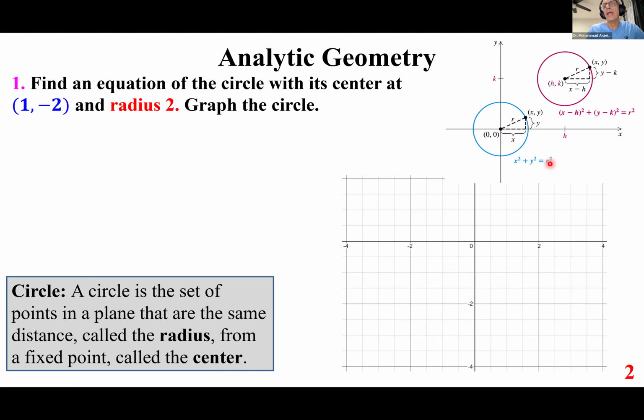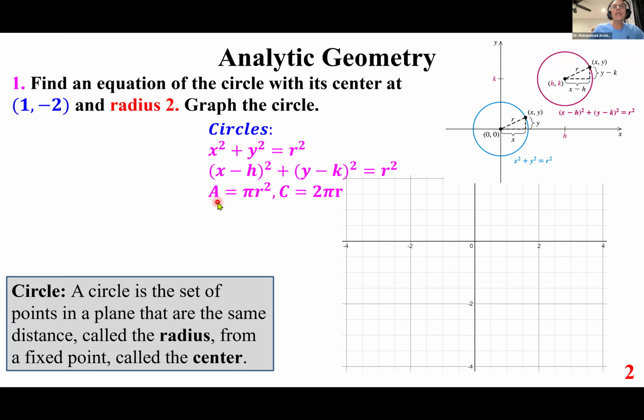If it's centered at (h, k), any point on the circle with coordinates (x, y): x minus h, quantity squared, plus y minus k, this distance quantity squared, equals the hypotenuse, r squared. So those are the equations. Reminding you also that the area is pi r squared, circumference 2 pi r.